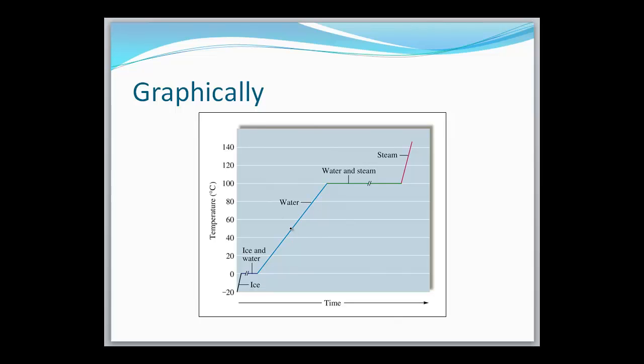So let's say we were raising the temperature of water from, say, 50 degrees Celsius, and we were trying to calculate how much energy it would take to raise that temperature to boiling point, boil off that water, and then calculate it up to, say, 150 degrees Celsius.